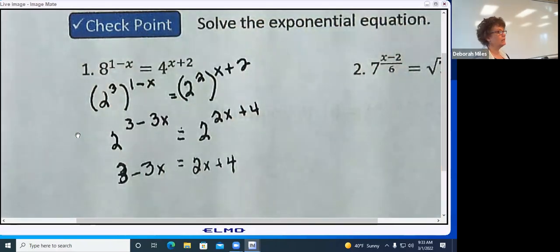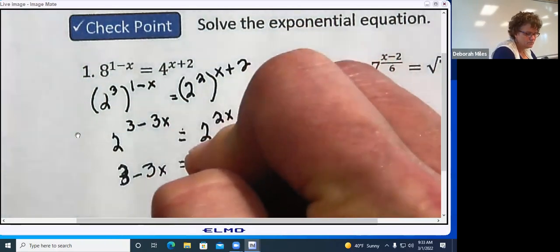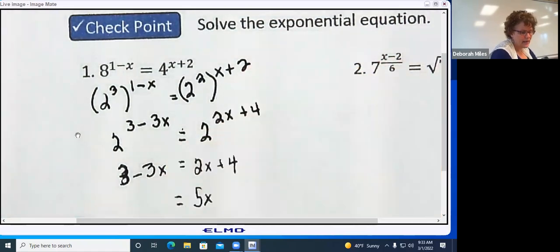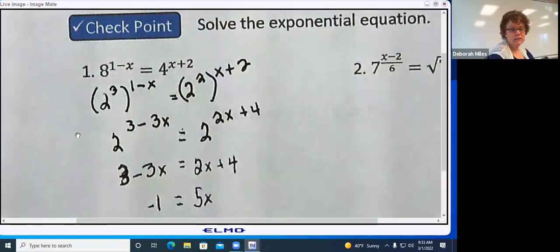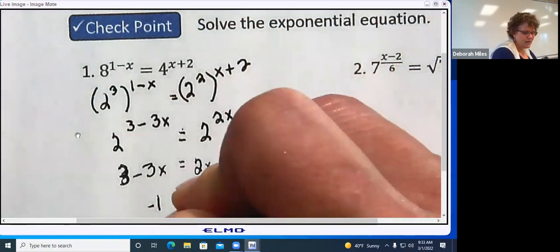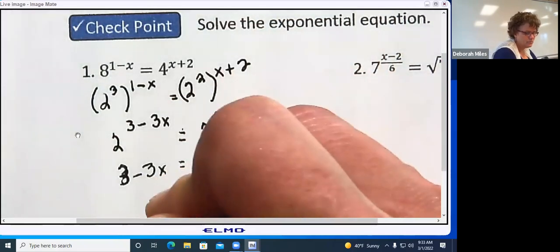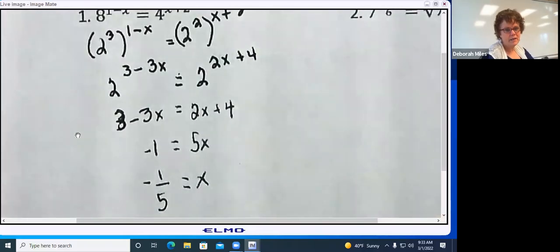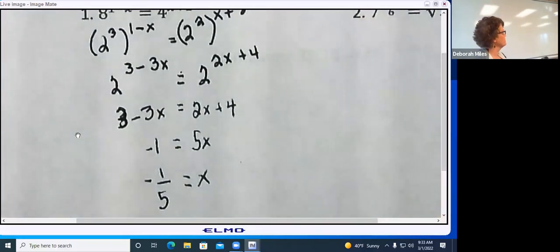And then you're just solving a linear equation. You can add 3x to both sides and subtract 4 from both sides and divide both sides by 5. And you get x equals -1/5.